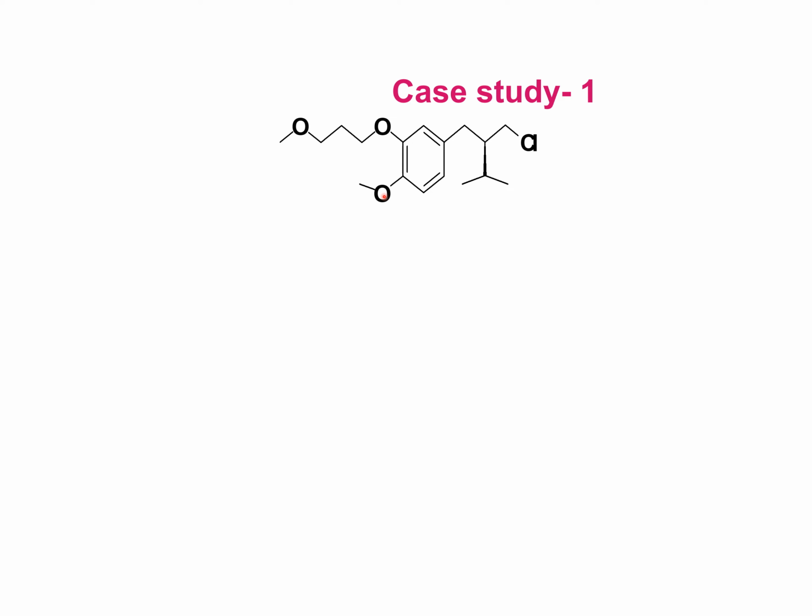Take hexane and ethanol as discussed in the previous slide in a ratio of 75-25. Do the fine tuning, and definitely you will get the separation. Now see in which condition both isomers of this molecule are getting separated.